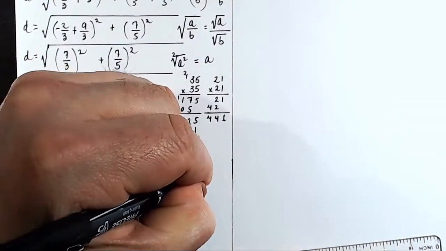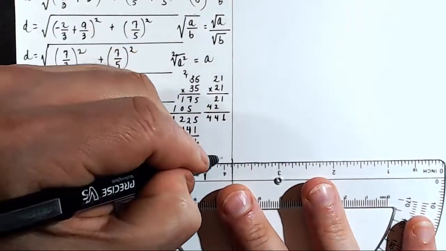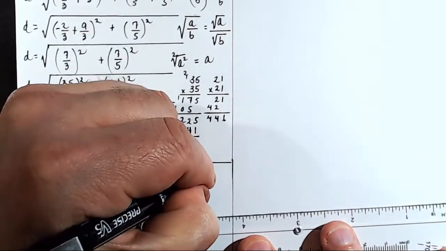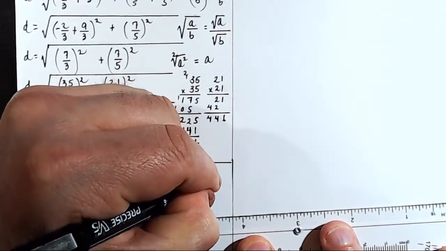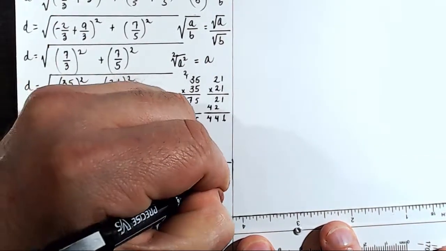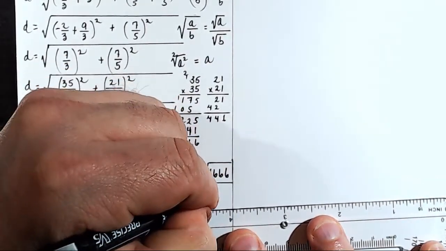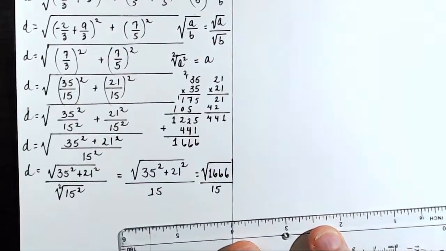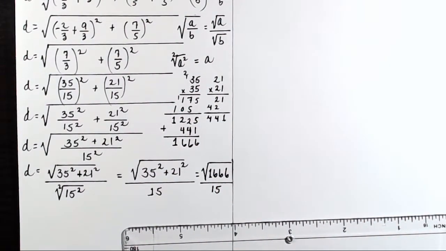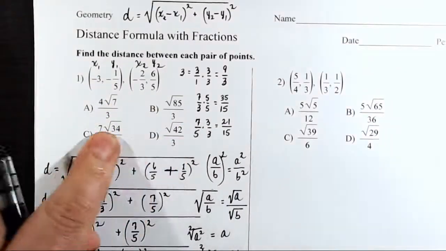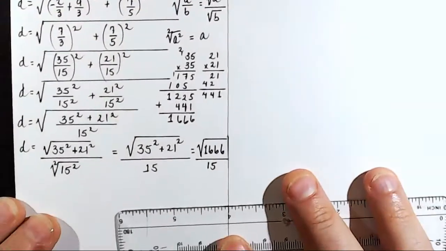We have the square root of 1,666 over 15. Ugh, I don't see any of that in my answer choices here. So I better keep going.